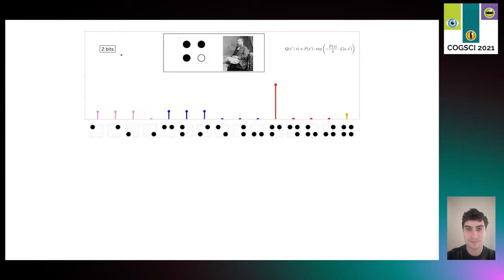And as the information capacity increases, so if, for example, you have more time to view the scene, then the representation will become increasingly vertical. So you'll be able to represent the true scene with increasing fidelity, and scenes that are okay approximations of it will also get upweighted initially.